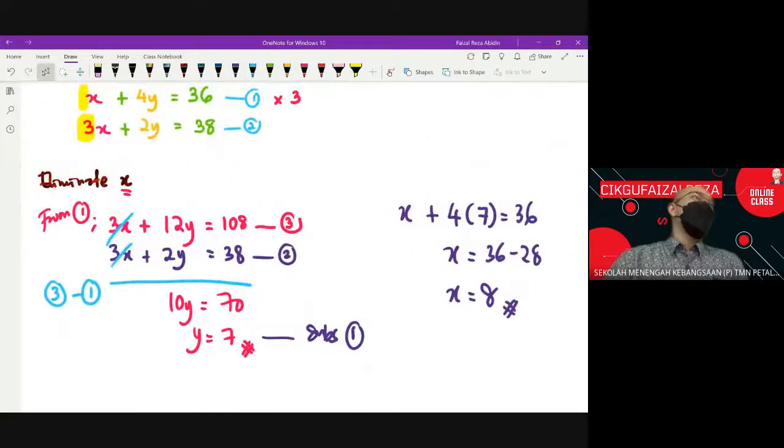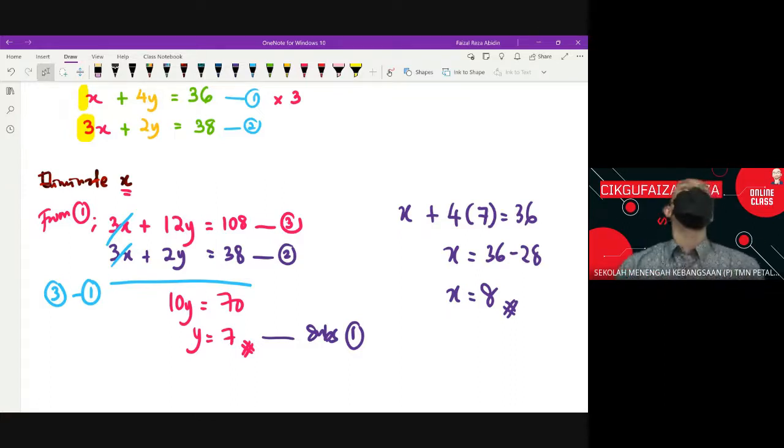Okay, please remember that you are going to use these two methods until your Form 5. Because later you can use another method which is the matrix method. By using matrix, with linear equations, you are going to find the value of x and y.